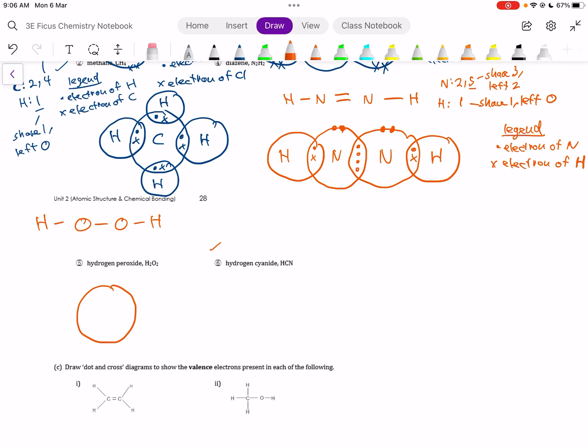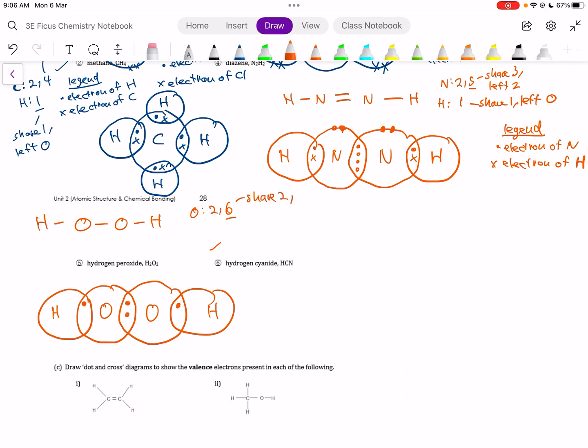So oxygen here, and then you have hydrogen. This one you have dot, dot, dot, dot. Oxygen is 2,6, so you share 2, left 4. The remaining 4 put outside.